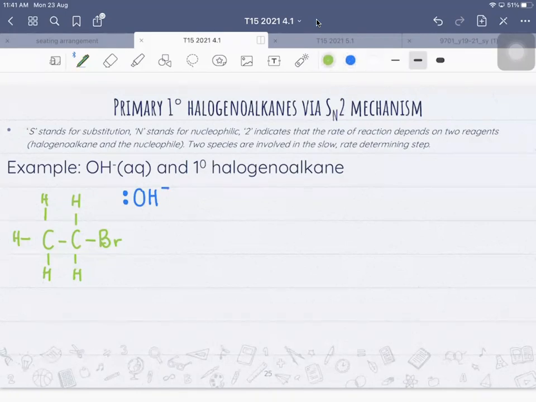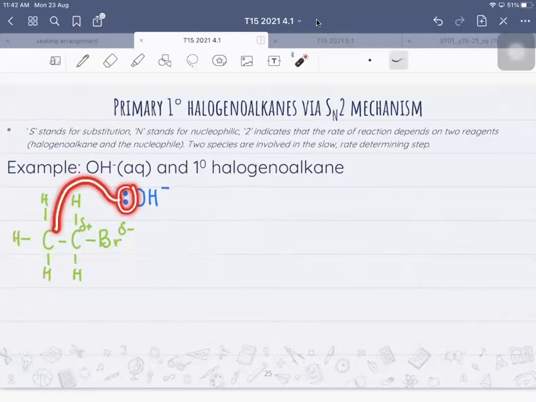Before this attack can happen, you need to draw the dipoles. Without the dipoles, the reaction will not happen. Okay, you cannot have a lone pair of electrons attacking a normal carbon which is not electron poor.